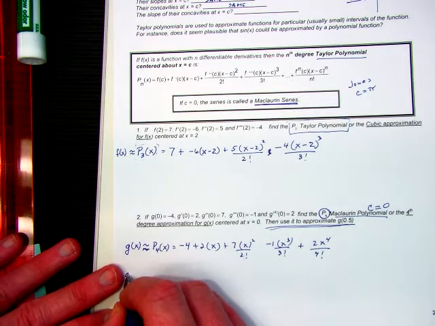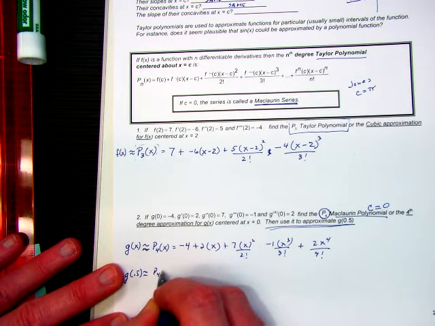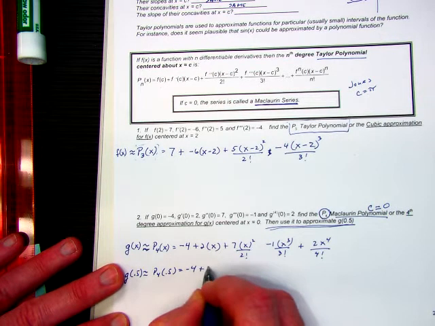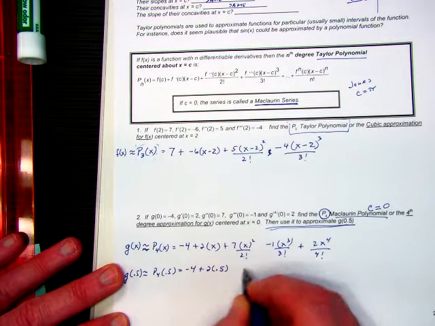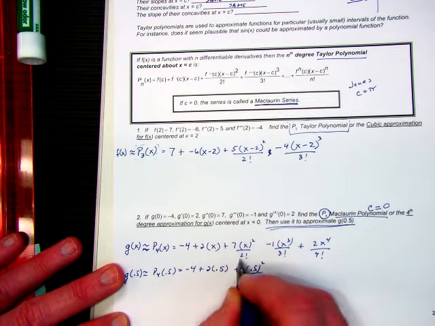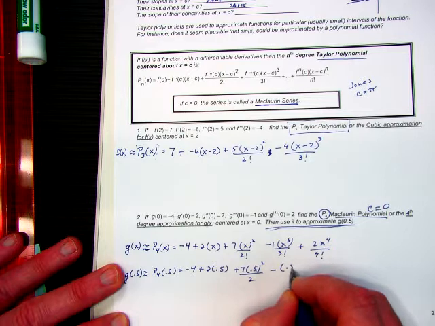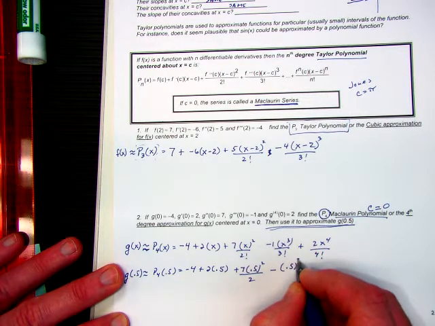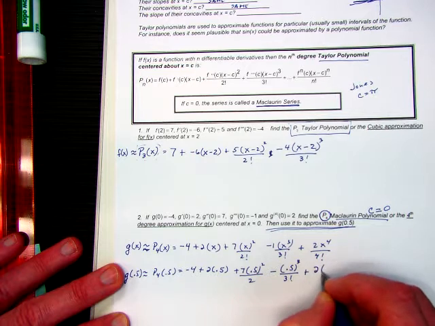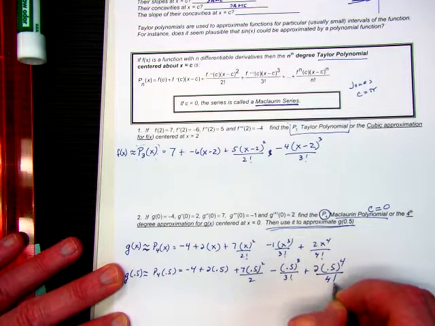So g of 0.5 is approximately equal to p4 at 0.5, which is -4 plus 2 times 0.5 plus 7 times 0.5 squared, and that's just 2 on the bottom. This is minus 0.5 cubed over 3 factorial plus 2x, it's 0.5 to the 4th over 4 factorial.